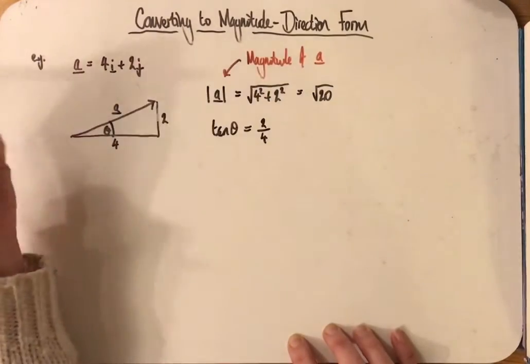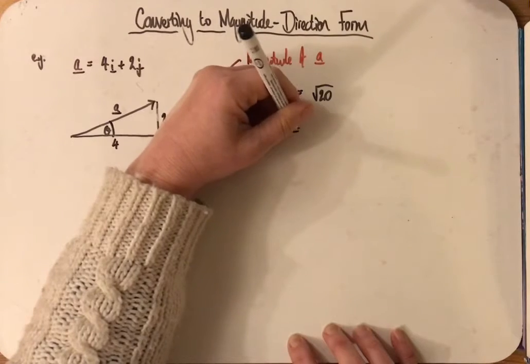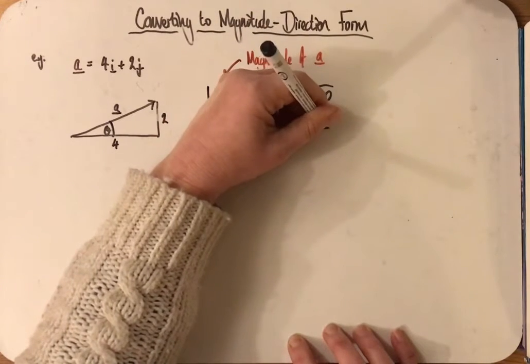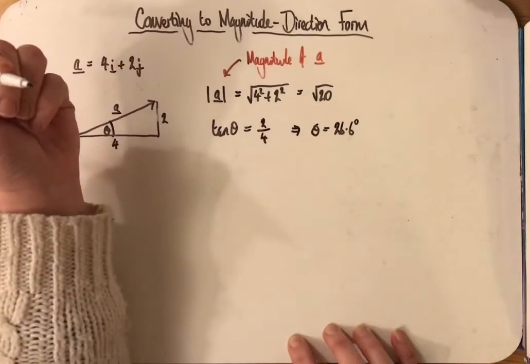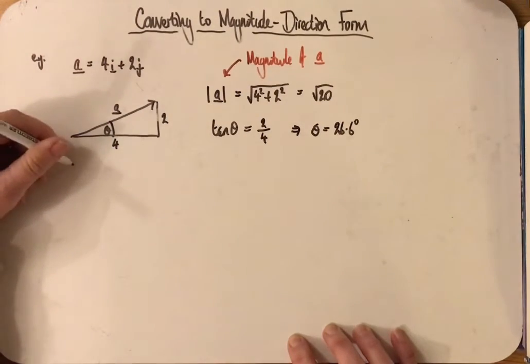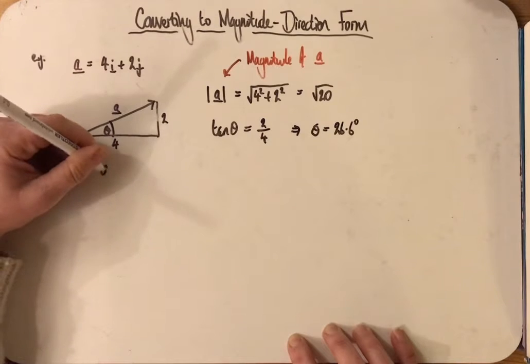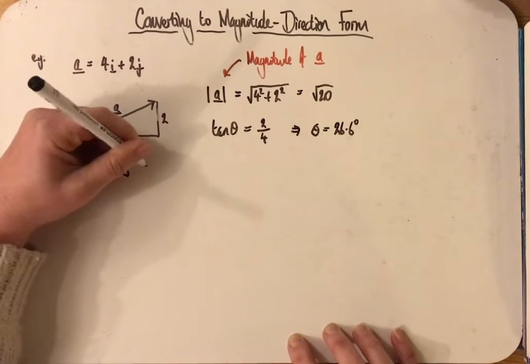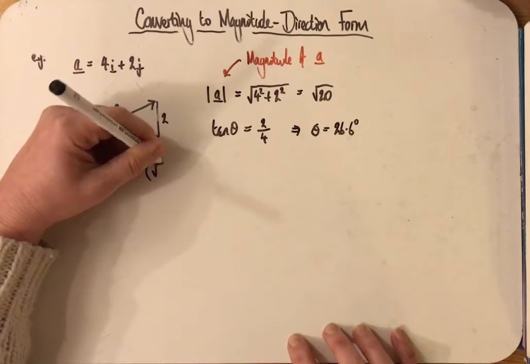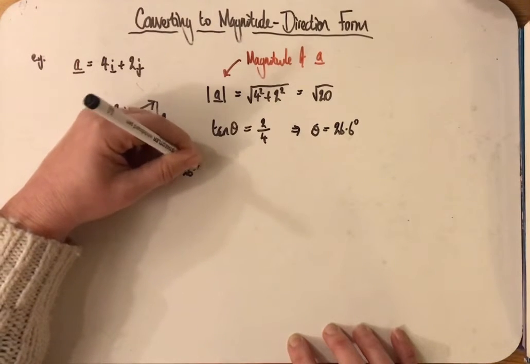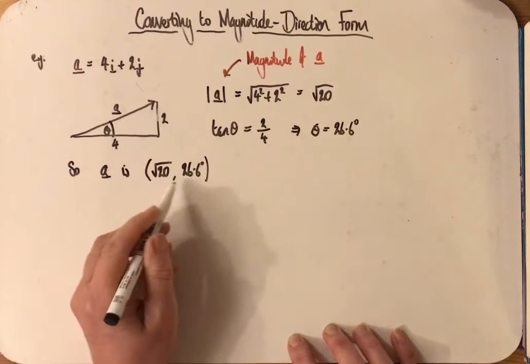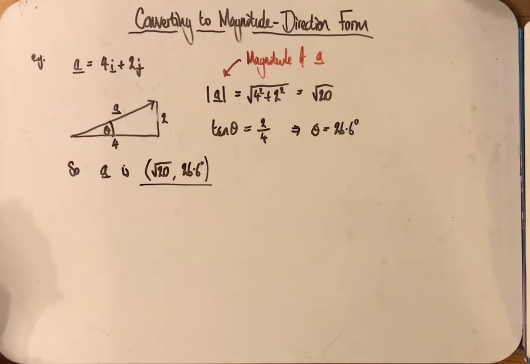So 2 over 4 is a half, and that gives us theta is 26.6 degrees. So A is square root of 20, 26.6 degrees in magnitude direction form.